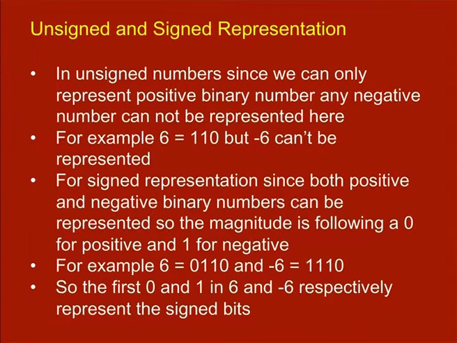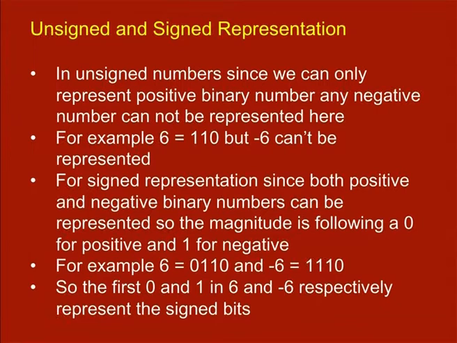So, if we take the same example of 6, which is a positive number, then the binary representation is 0110, and similarly if we take -6, then the binary representation is 1110.